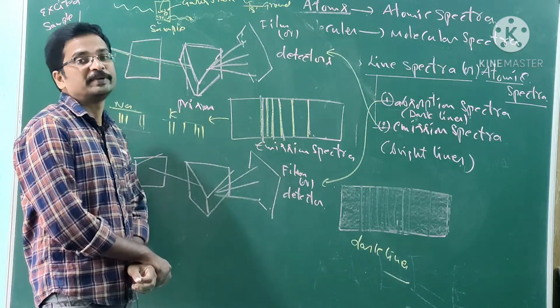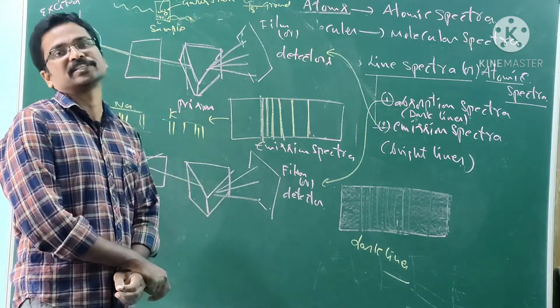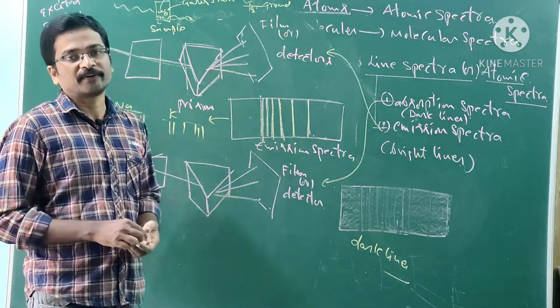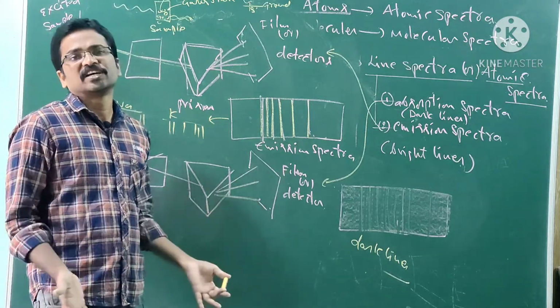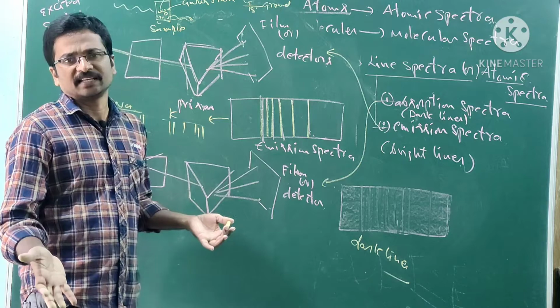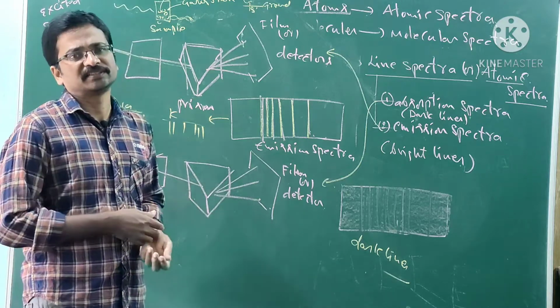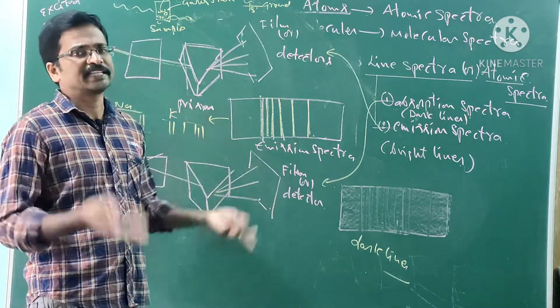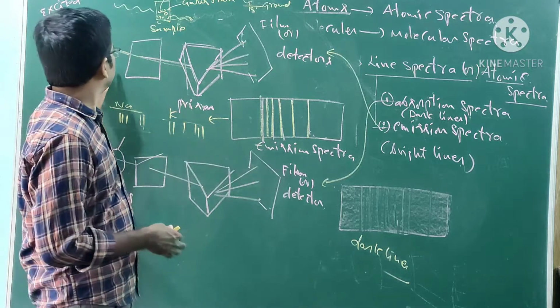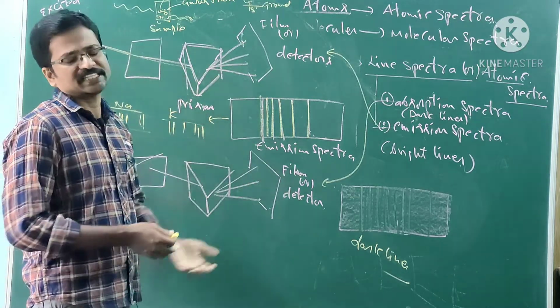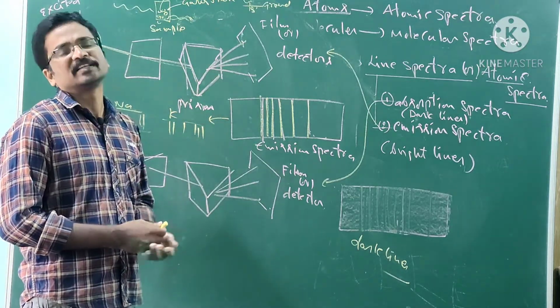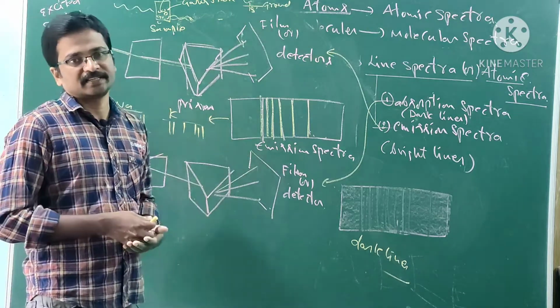This can help scientists find out whether our earth contains such a metal or not. You take the sample, do this experiment, get the emission spectra, and then compare it to the previous history.